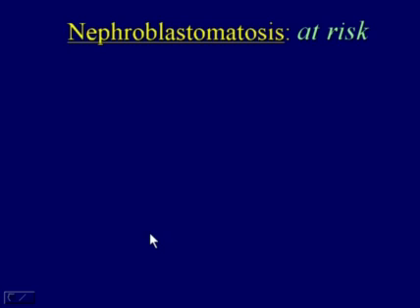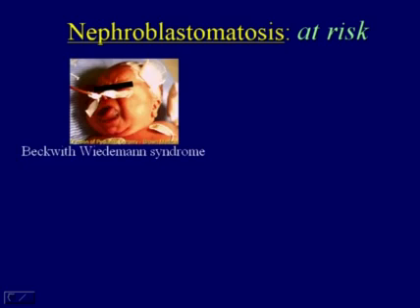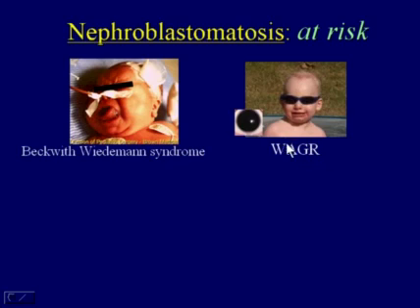Now, there are a group of infants for whom we routinely screen for the presence of nephroblastomatosis because they are at risk for this particular tumor. They would be infants with Beckwith-Wiedemann syndrome, classically macroglossia, hypoglycemia, macrosomia, patients who have so-called WAGR syndrome, Wilms, aniridia, genitourinary abnormalities, retardation.